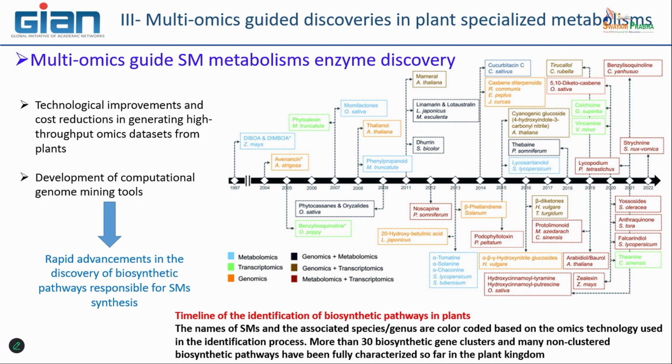But here you have different strategies. Before, for example, metabolomics was used alone to try to decipher some specific genes missing in a metabolic pathway. Or transcriptomics, it is in green, or genomics, here it was in orange.